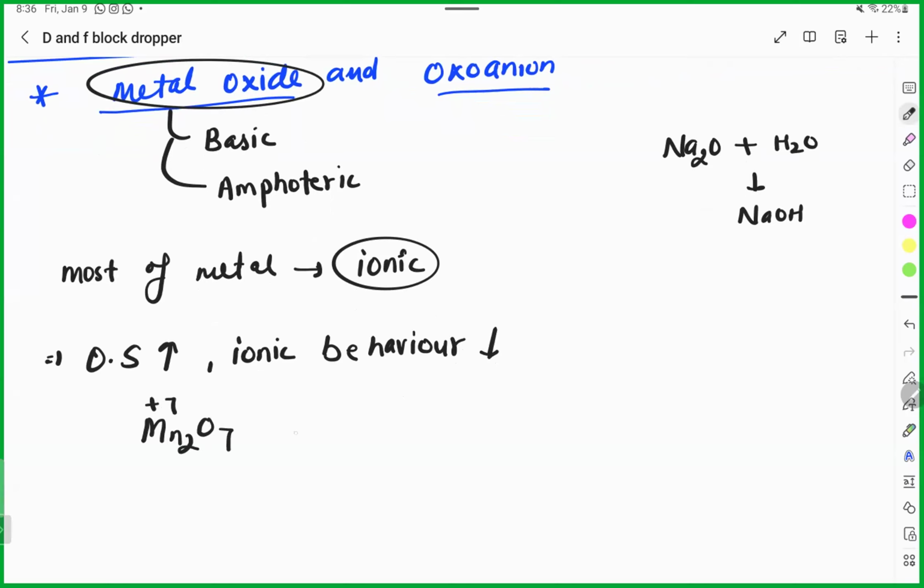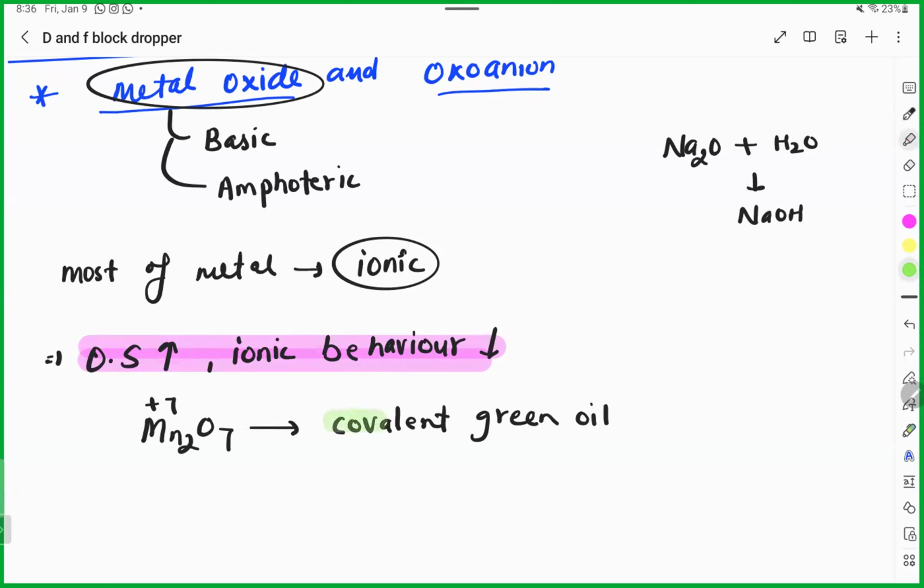It is covalent in nature, not ionic anymore. So if you increase the oxidation number, then ionic character will reduce. So Mn2O7 is covalent and it is green. This is even in NCERT, but covalent character is more important for you to understand. Why? Because of high oxidation number.